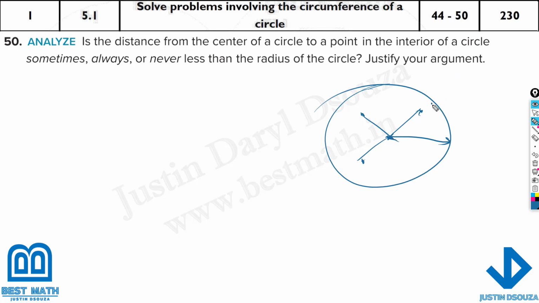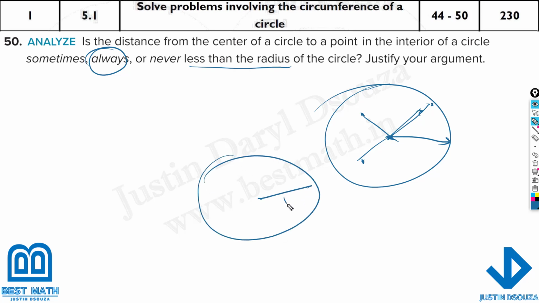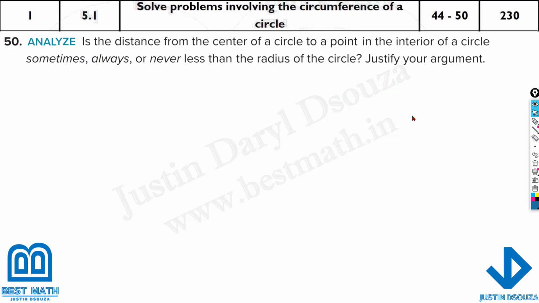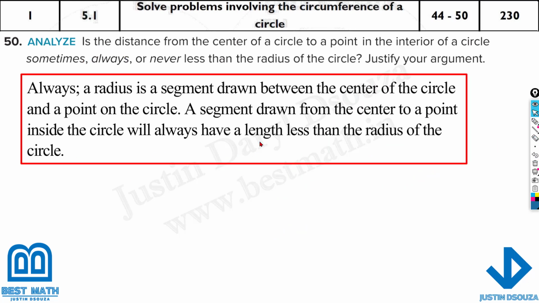Interior means it will be very close, but it's always inside the circle. So it is always less than the radius. Because no matter what you measure, if this circle is having a radius of 10, the interior of the circle can be 9.99 but never 10. So that's why we can tell it's always less than. Okay, it should be always have a length less than the radius of the circle.